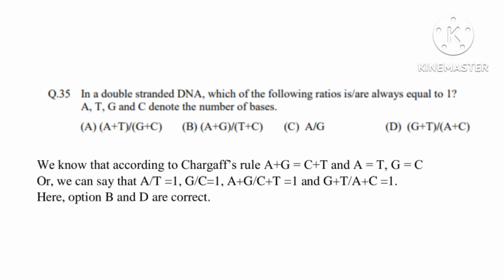Or we can say that the adenosine to thymine ratio is 1, the guanosine to cytosine ratio is 1, the ratio of adenosine plus guanosine to cytosine plus thymine is always 1, and the ratio of guanine plus thymine to adenosine plus cytosine is also 1. Here options B and D are correct.